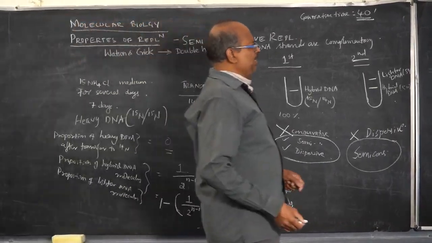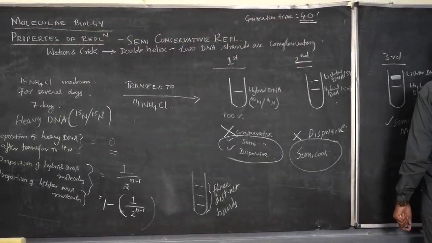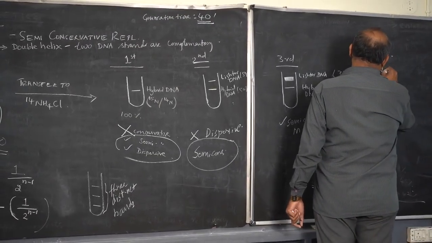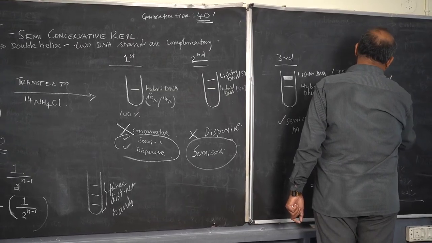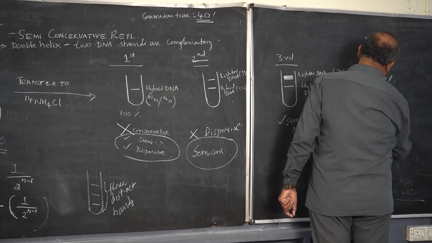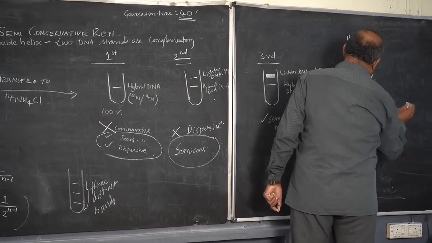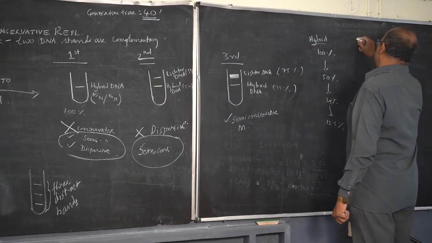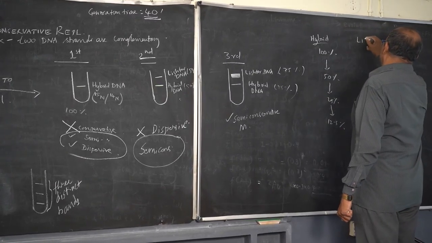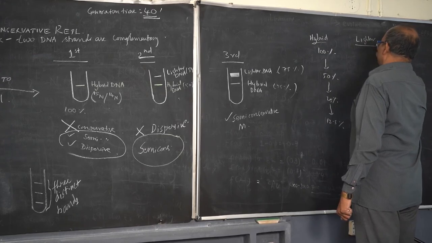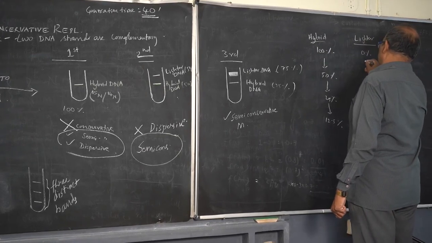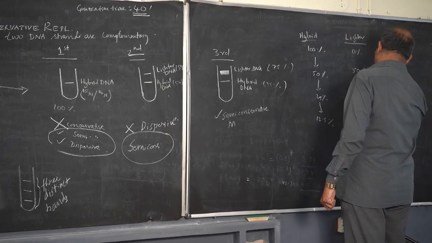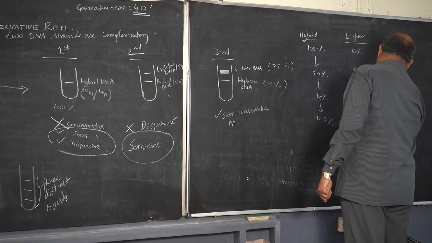Whether you look at the hybrid DNA, it starts with 100%, decreases to 50%, decreases to 25%, decreases to 12.5%. So it is undergoing an exponential decrease. Similarly, for the lighter DNA, it is 0% to begin with, then it becomes 50%, then 75%, then 87.5%.